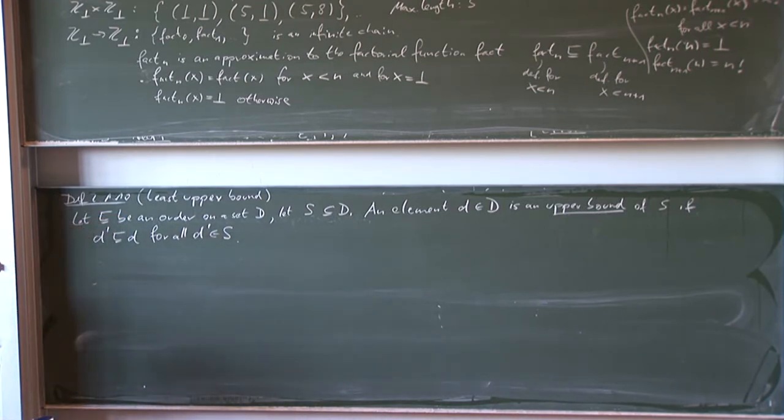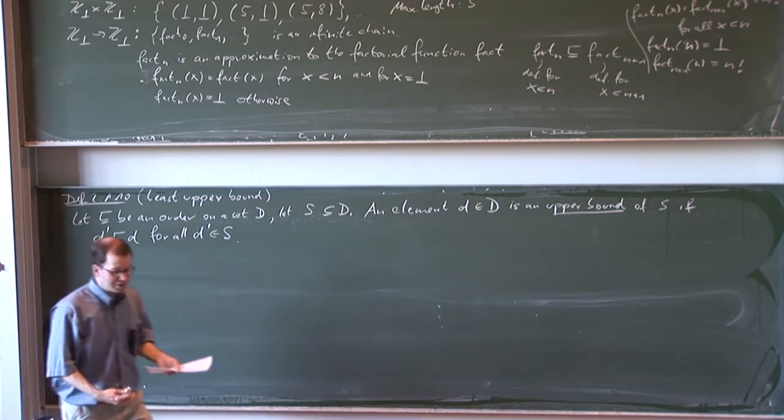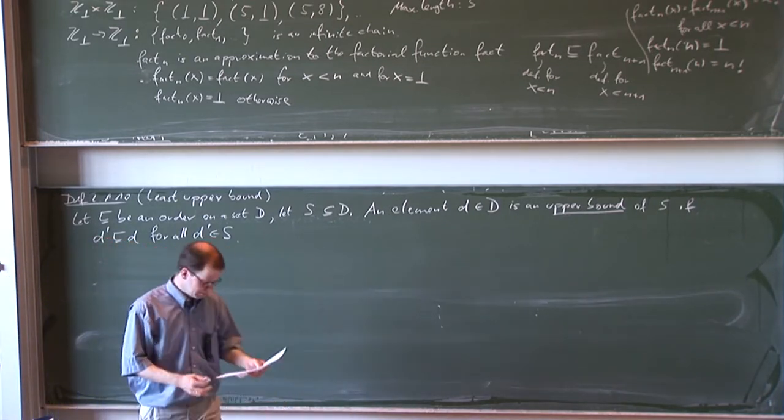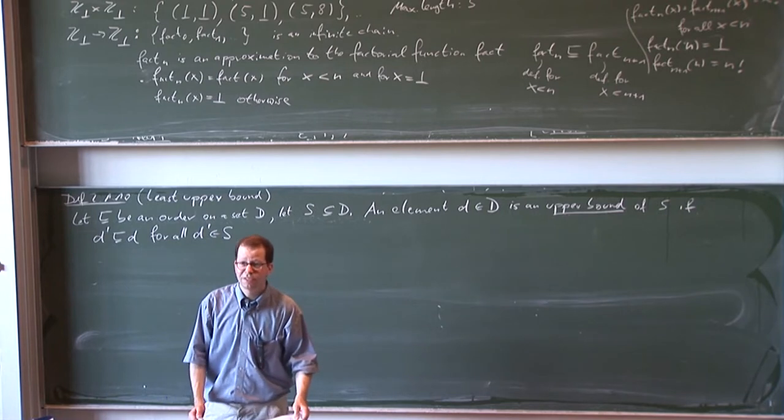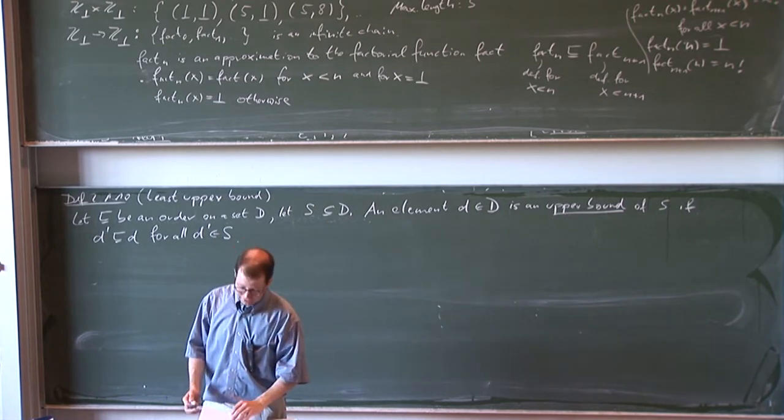So it's not surprising. And least upper bound means it's the smallest upper bound. So if there is another upper bound, then this other upper bound is greater.